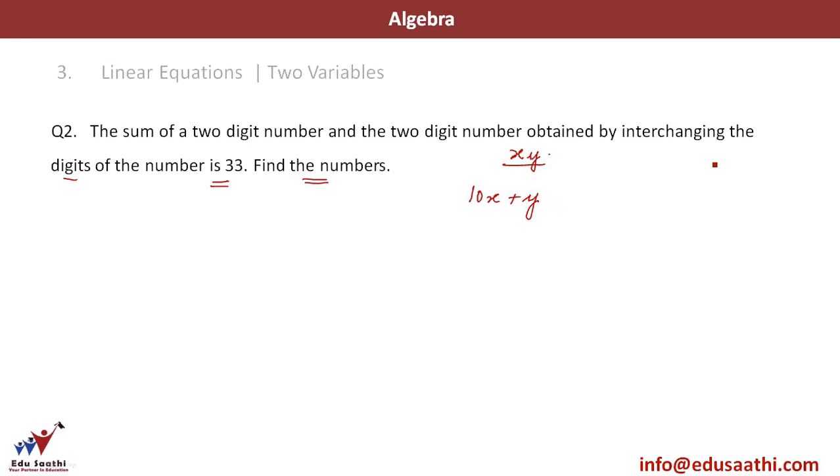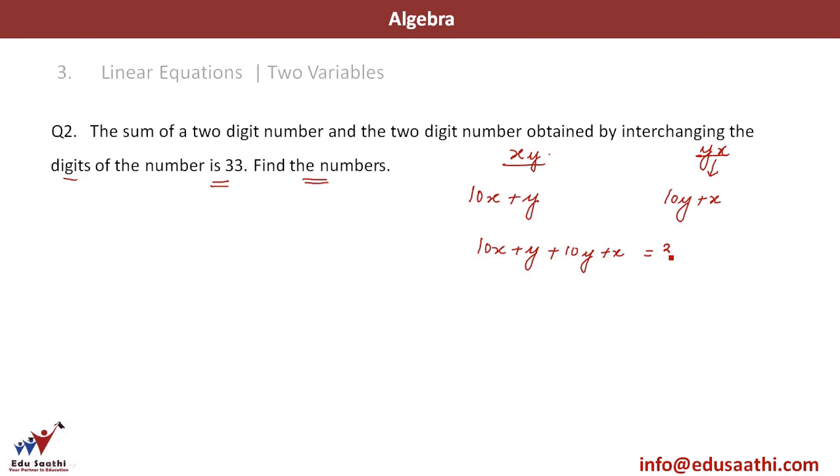The number formed by reversing the digits would be yx and would be written, in a number place value thing, 10y plus x. So the question is saying that sum of a 2-digit number and a 2-digit number obtained by interchanging the digits. So I will add this and I will add this.